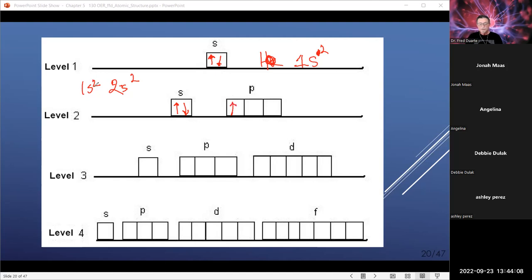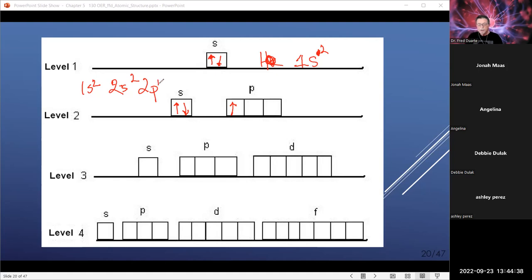We have 1s2, 2s2, and now we enter the p block elements, starting with number 5. So it is still in the second energy level, and we're going to introduce the p electrons, and it'll be p superscript 1. So this will be 1s2, 2s2, 2p1, which represents the electron configuration for boron.